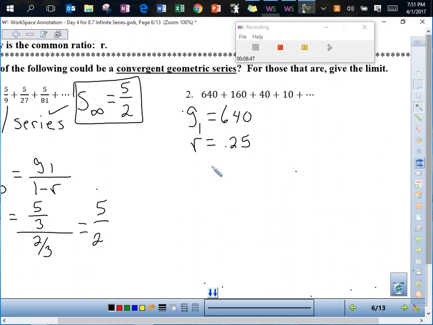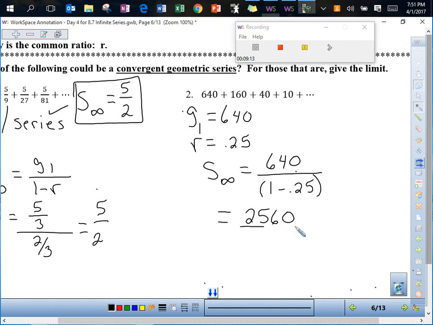To get my answer, the sum as I go to infinity is going to be 640 over 1 minus 0.25. Make sure you put that in parentheses or do it in your head. And guys, if you run that through your calculator real fast, you should get an answer of 2,560 thirds. Get in the habit of going math enter with all your numbers just so that we can make it clean. Okay? So guys, that's our main formula today: g sub 1 over 1 minus r.